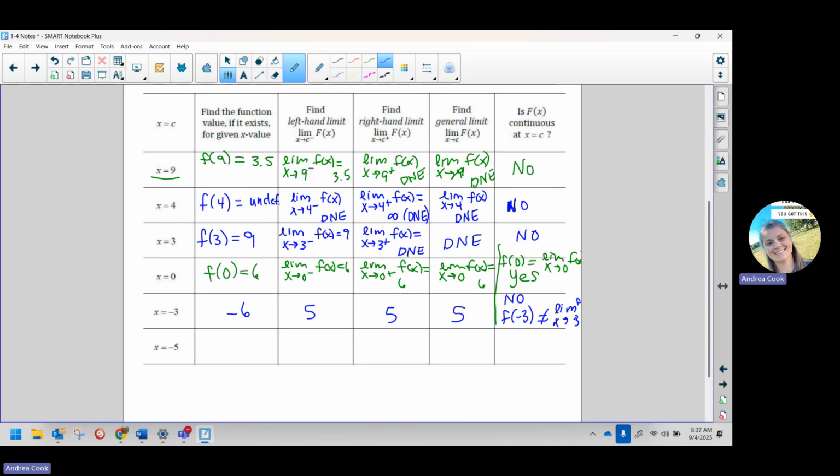If it's not continuous, you have to tell me why using one of those 3 bullet points. Okay, so why is this one not continuous? You can answer, because the limit as x approaches 9 does not exist. This one, you could answer because f of 4 is not defined. You just have to give one of those 3 bullet points as your reason.